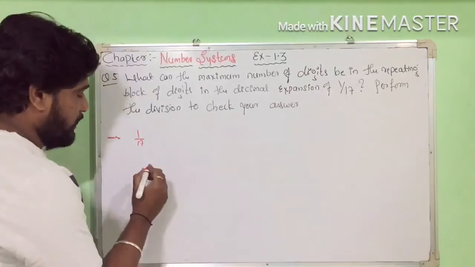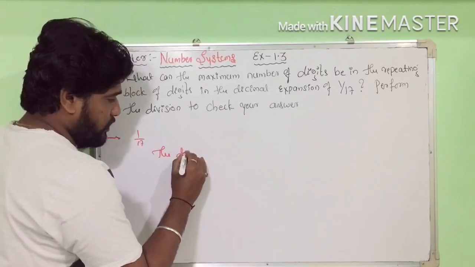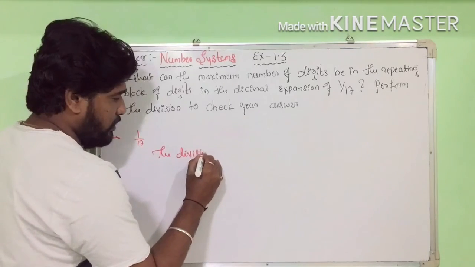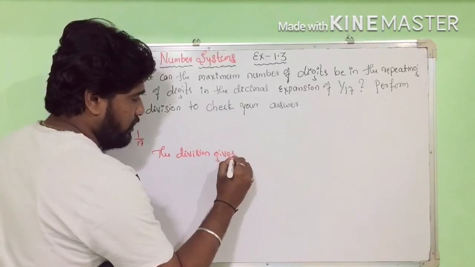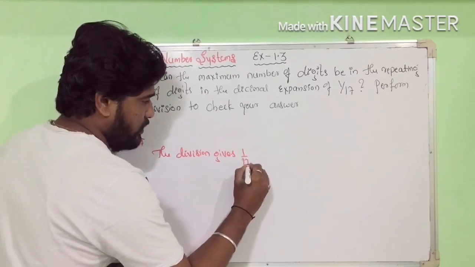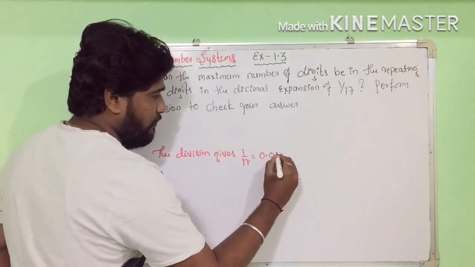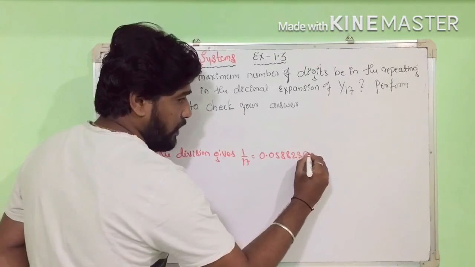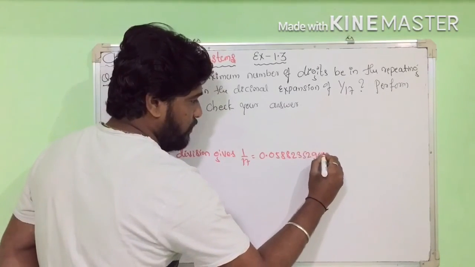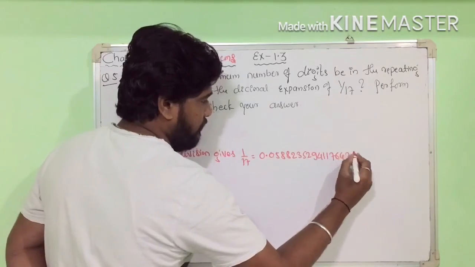So first we will write here the division gives 1 by 17 is equal to 0.0588235294117647.